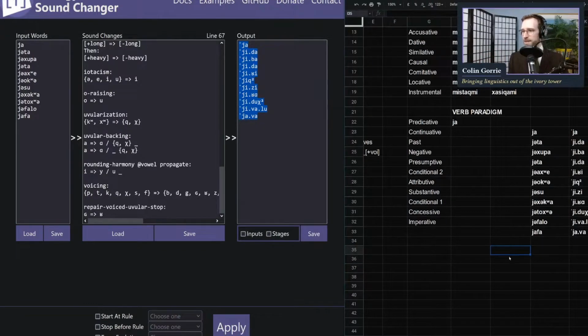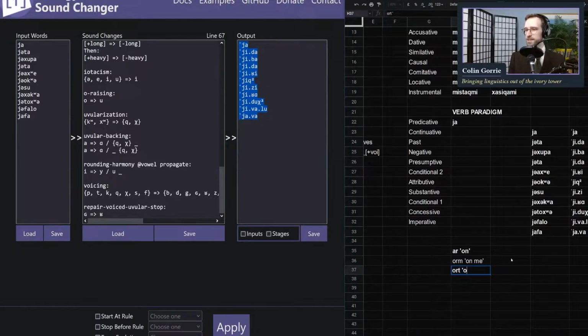So you have something like air, meaning on. And this actually takes personal endings. So orm, on me, ort, on you, blah, blah, blah.